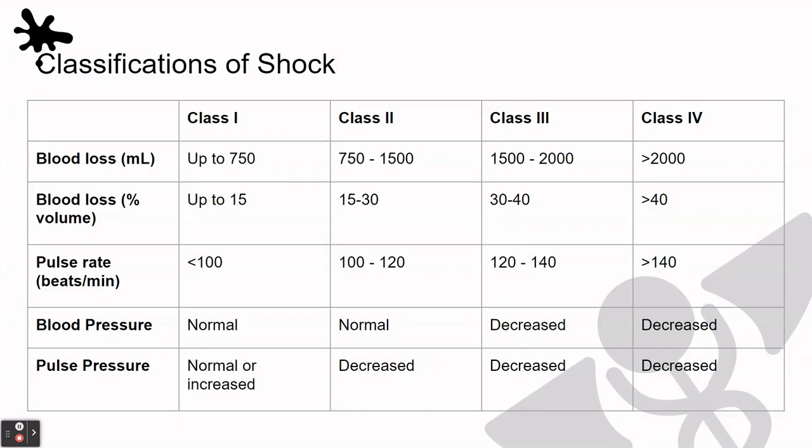So I've been trying to push myself to look more at pulse pressure, just because that's the one that can get messed up by medications, but it has one of the earlier obvious changes. Your pulse rate can be tachycardic because you're in pain. You can be tachycardic because you're nervous.